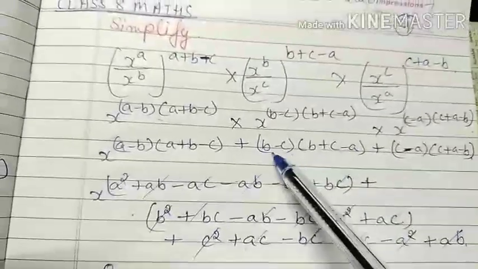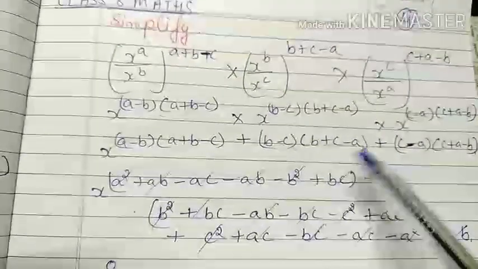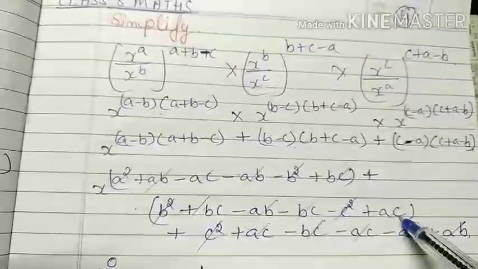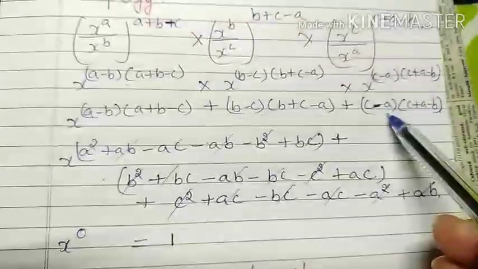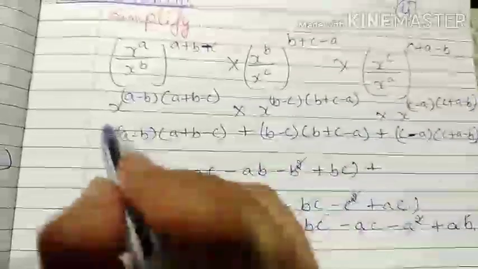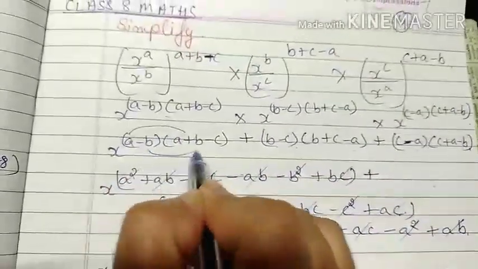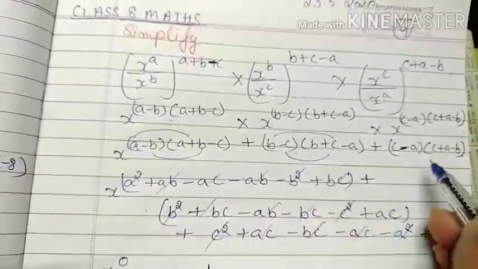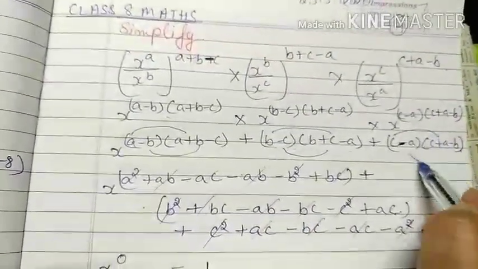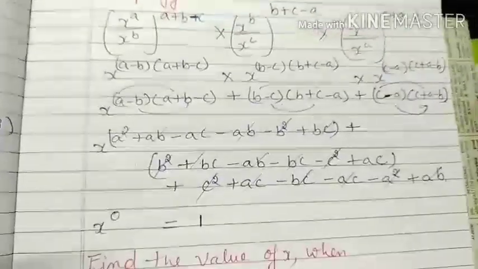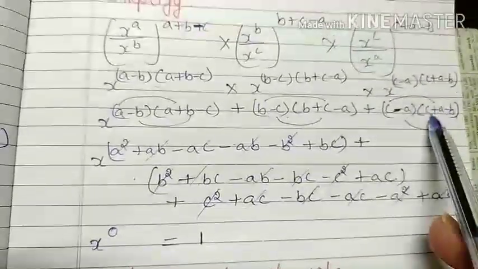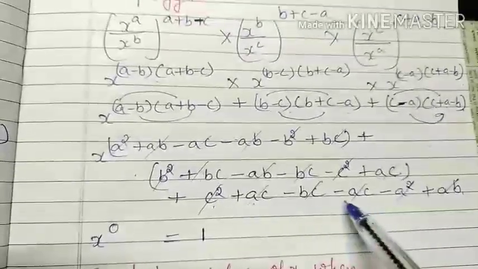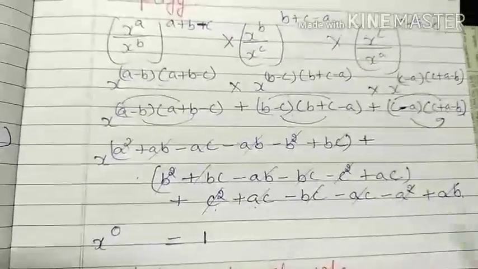Similarly b minus c: b is multiplied, giving b square plus bc minus ab, then minus c gives minus bc minus c square plus ac. Similarly c minus a: first c is multiplied, then the whole minus a is multiplied with the whole polynomial c plus a minus b. That gives me c square plus ac minus bc minus ac minus a square plus ab.